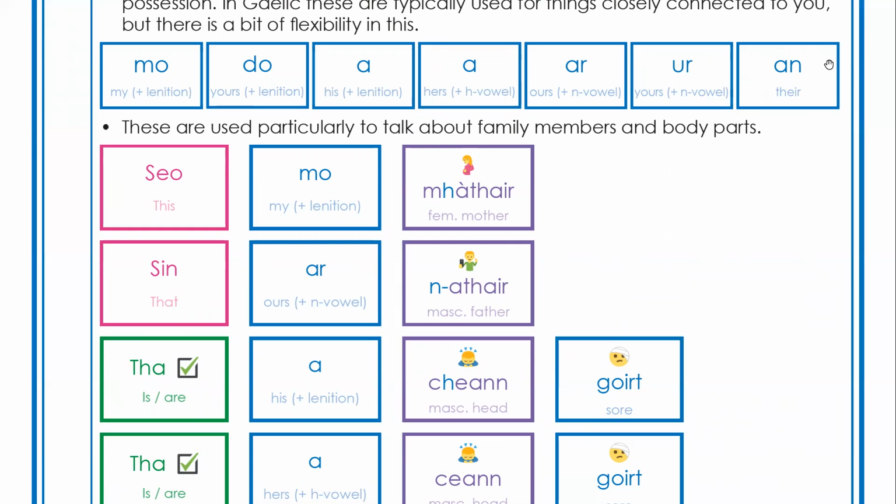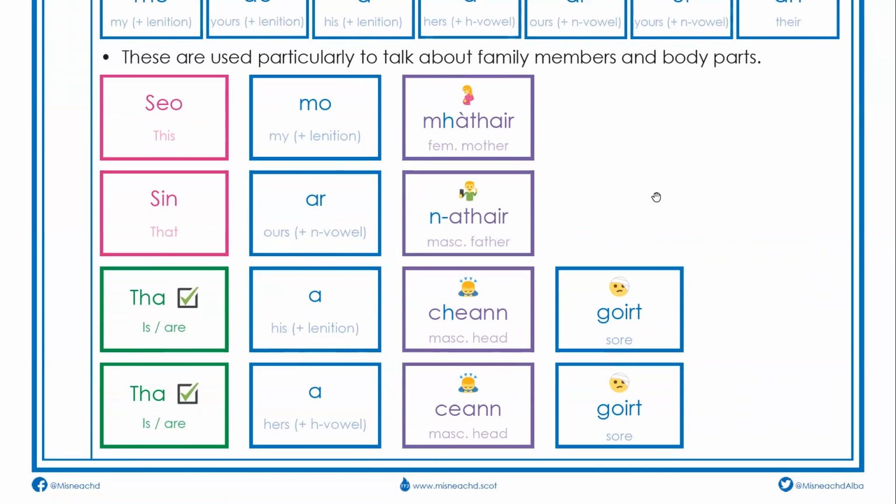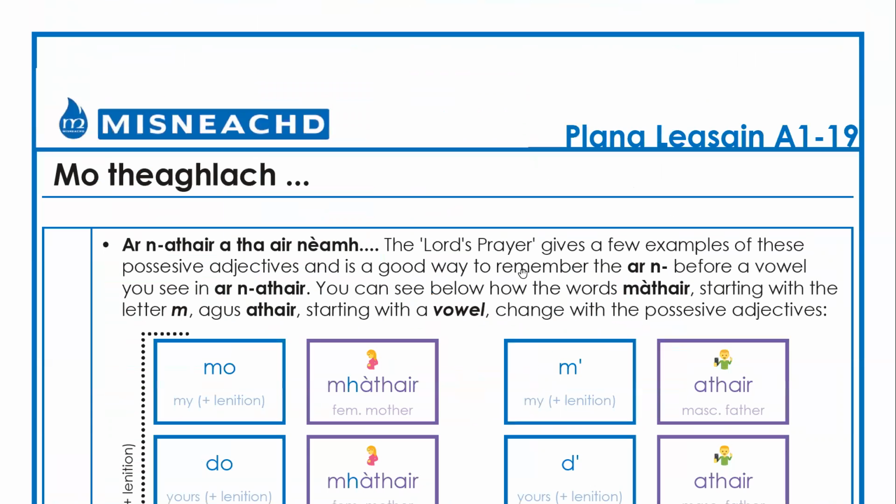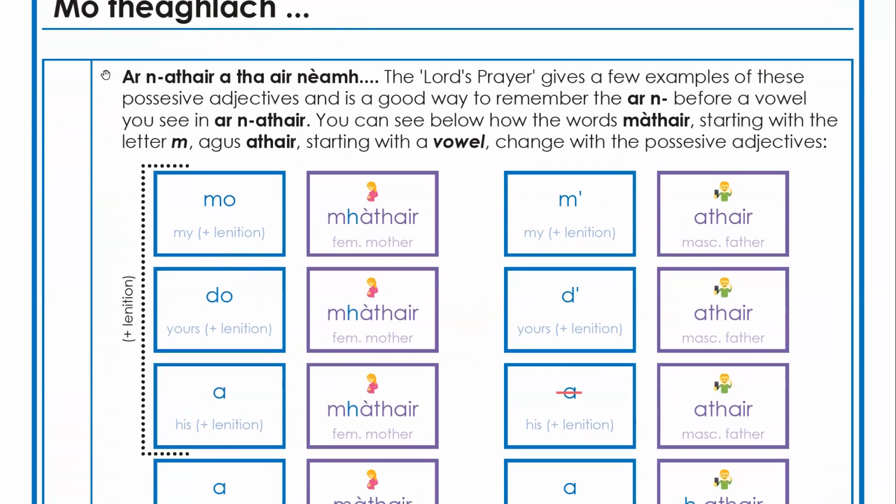So again, this causes no lenition, but this an would change to am before BFMP. So the big fat mother pig, or however you remember that, BFMP.